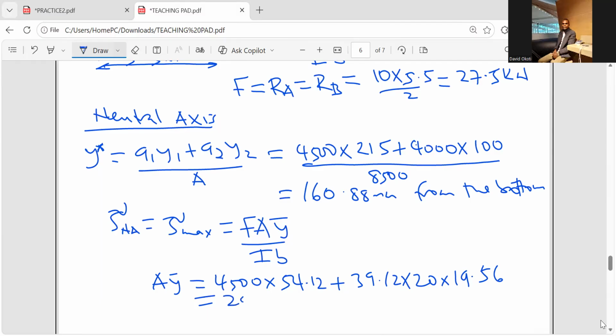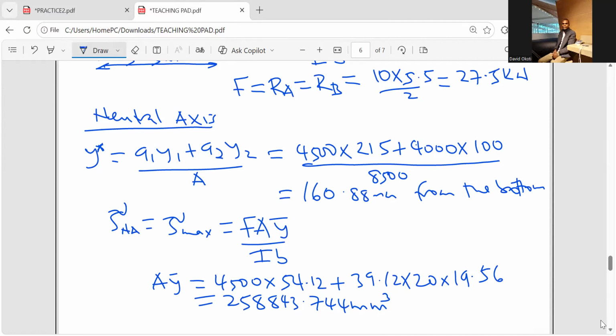That gives us 258,843.744. Remember, this is millimeter cubed because it is the first moment of area. We are just taking area times that dimension.